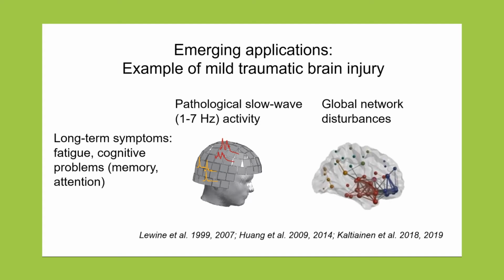Both us and others have recently shown that it's possible in the acute phase with MEG to detect neurophysiological alterations in these patients, for example, pathological slow wave activity and more global network disturbances, which then do disappear with time as the patients recover.